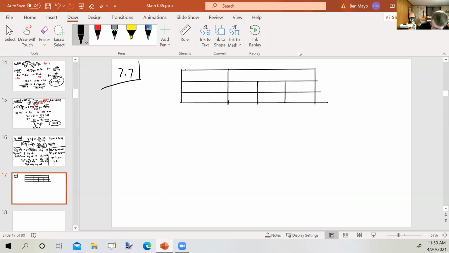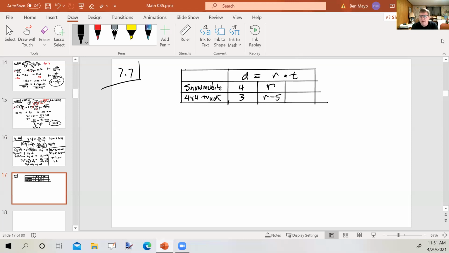Okay, so this is a snowmobile, and this is a 4x4 truck. And we've got D equals R times T. And this is a 4, this is a 3, this is an R, and this is an R minus 5.